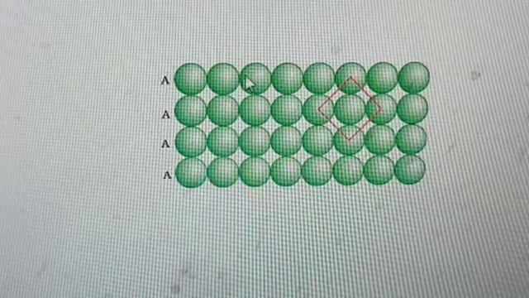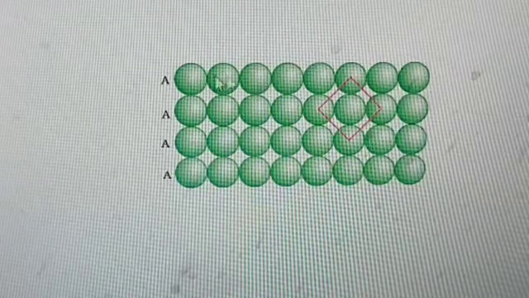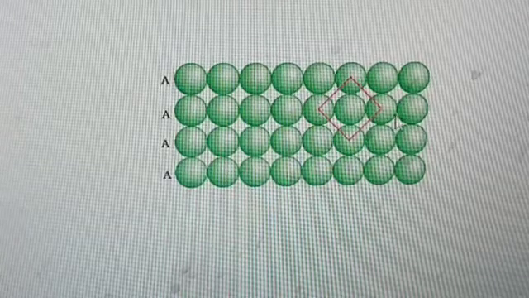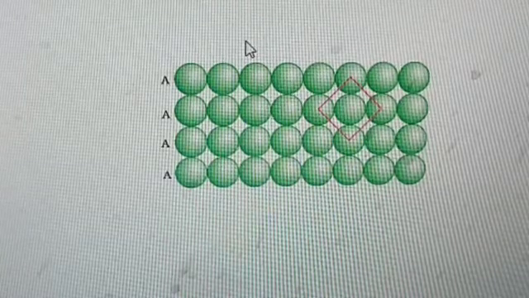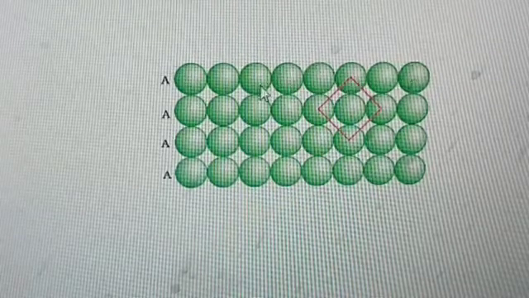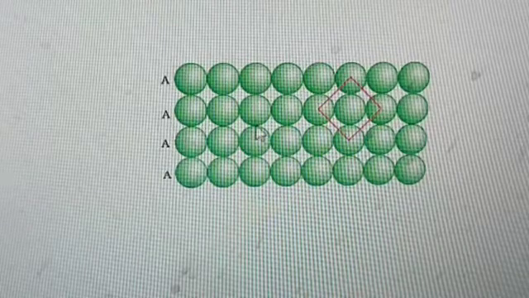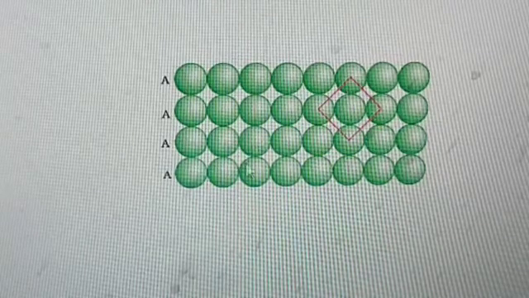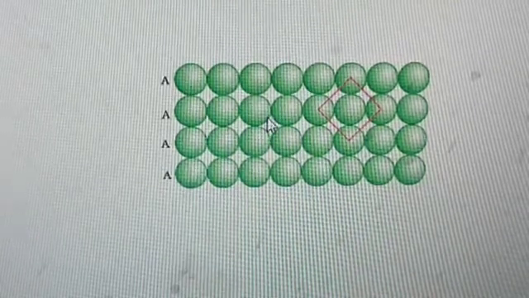They are present at exact positions. So the spheres of these 2 rows are aligned horizontally as well as vertically. Horizontally they are in the exact positions, and if we cut them vertically also, we get a single row itself.